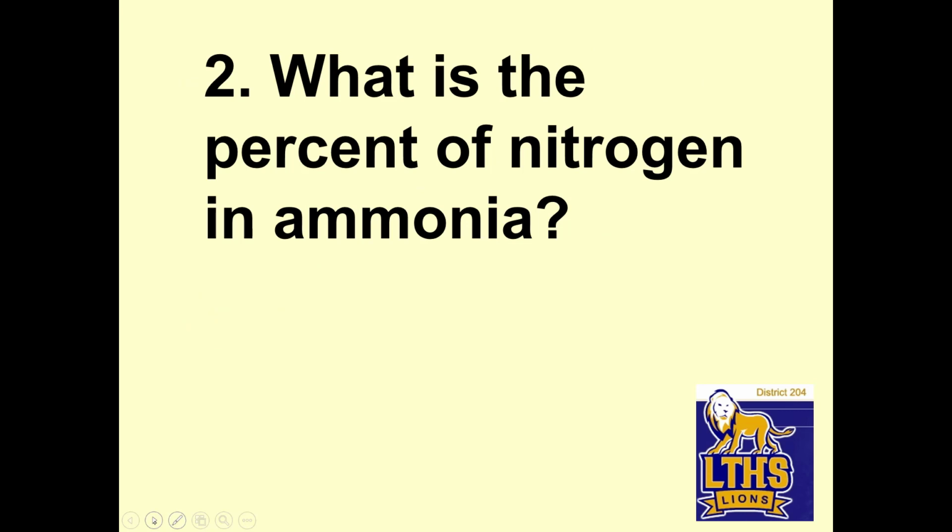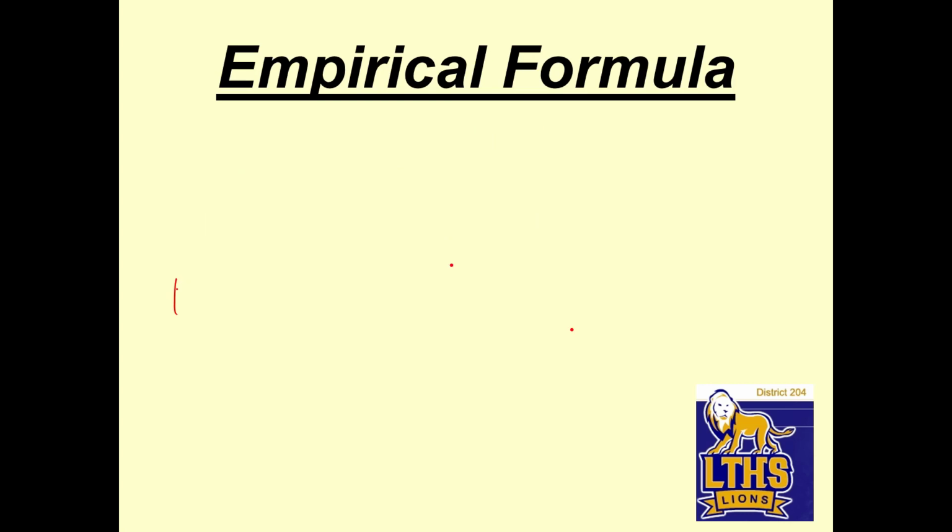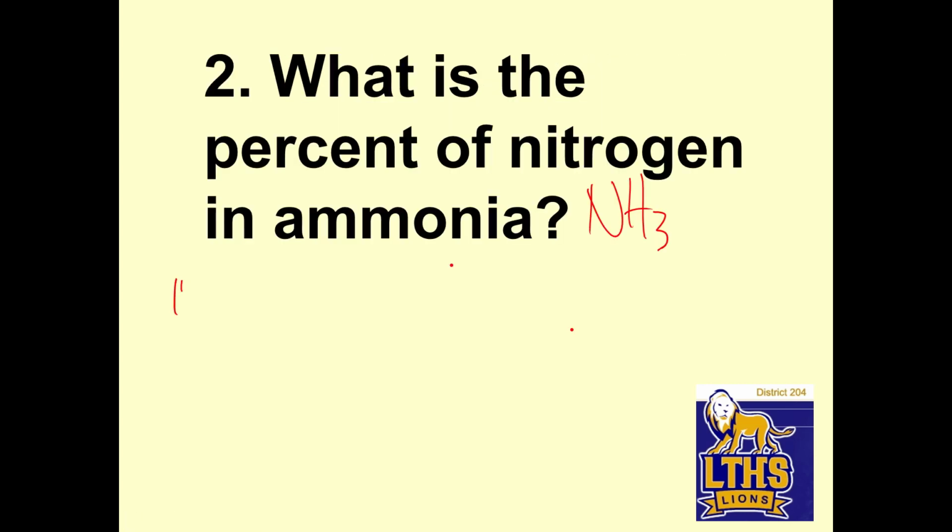What is the percent nitrogen in ammonia? Ammonia is NH3. If I want to find the percent nitrogen, I'm going to go to the periodic table because I'm going to do this with mass. In my periodic table, nitrogen is 14.01 over NH3, which is nitrogen plus 3 hydrogens, 17.04.